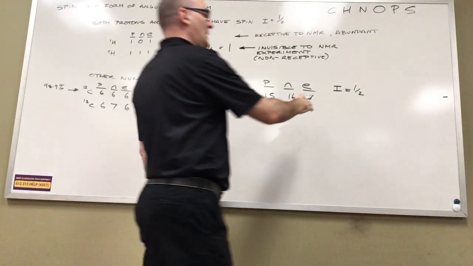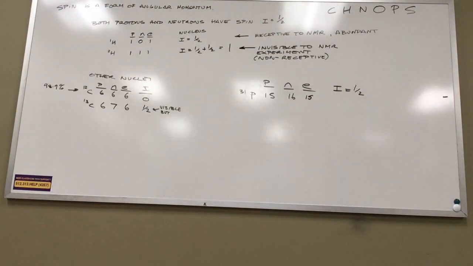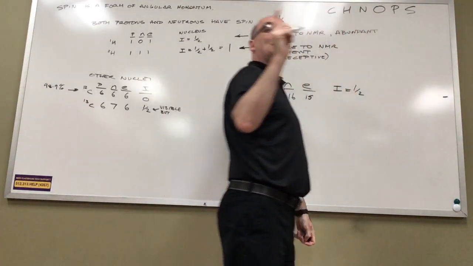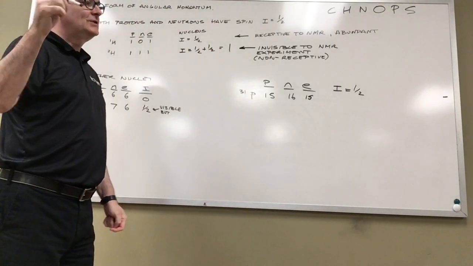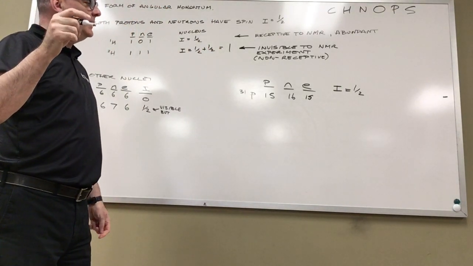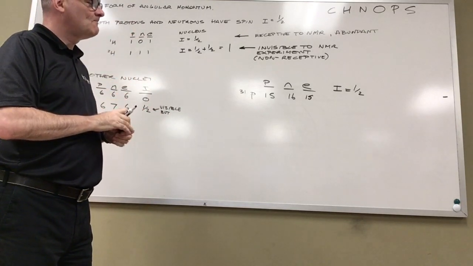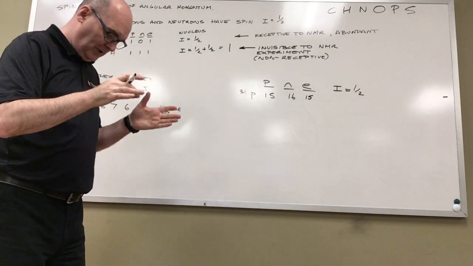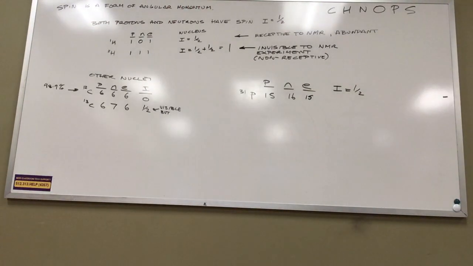That means this is highly abundant. That one's abundant, so that's a good nucleus. One of the things that we're going to do at some point during the day is take a look at the range of frequencies that we need to lock into. That's probably the only downside with phosphorus. Okay, anything else?